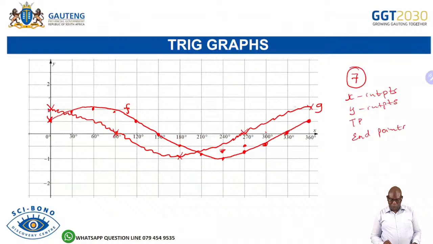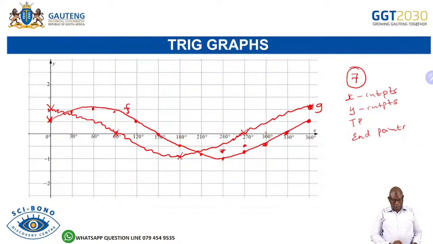Endpoints meaning that you don't have arrows. Once you have an arrow, we're going to give you a 0, because the graph is from 0 to 360. It stops there. It doesn't go above 360.